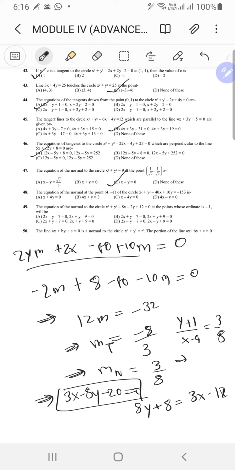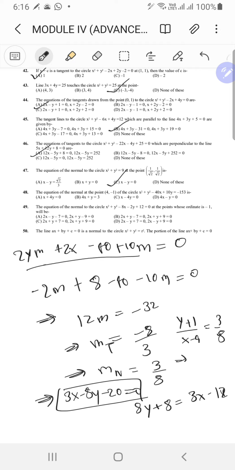Okay, slope of a normal is definitely 3 by 8. Pretty sure. And it's 4 comma -1, isn't it? So that should also make sense. But over here, according to them, the slope should be something like, I don't know, 1 by 4, -1 by 4, something like that.